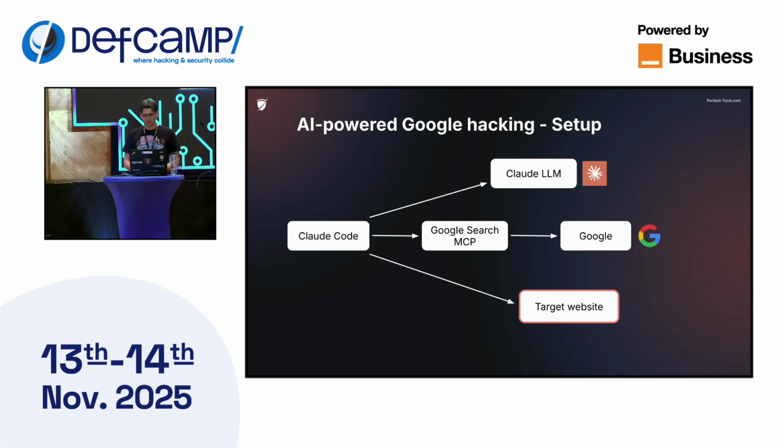But I found a way to automate this using a Google Search MCP, which actually connects to the Google Search API. And after we give it certain API keys, it manages to programmatically do Google searches.